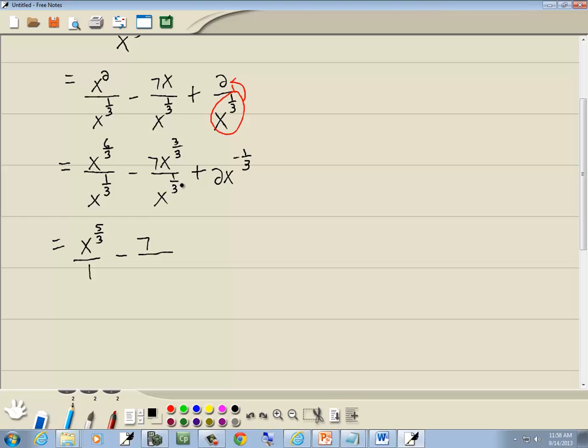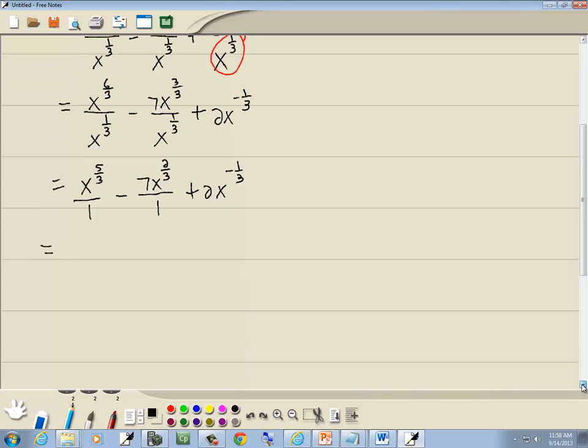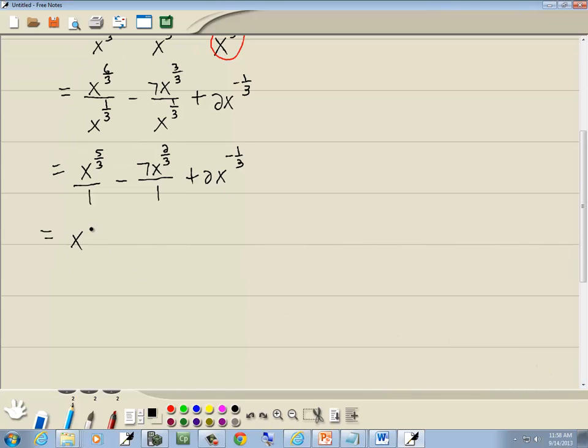So we're going to have x to the 2/3 where our larger exponent was, which was up on top, and 1 down there. Plus 2x to the negative 1/3. Which then gives us x to the 5/3 minus 7x to the 2/3 plus 2x to the negative 1/3.